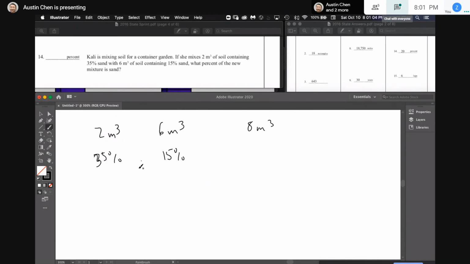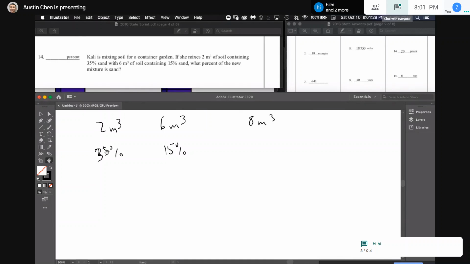Okay. So what we can do here is find the amount of sand that will be in this mixture, and then we divide that amount of sand by the total volume of the mixture, which is just 8 meters cubed. And we can find the amount of sand in this mixture by finding the amounts of sand that are in each of these things.